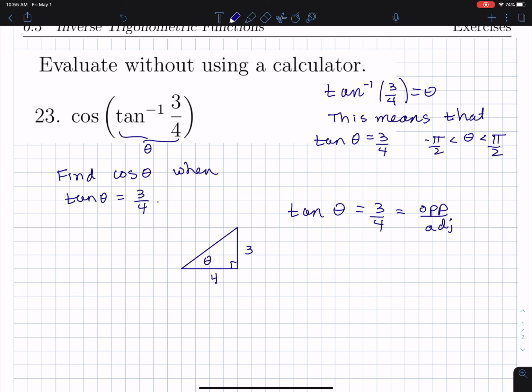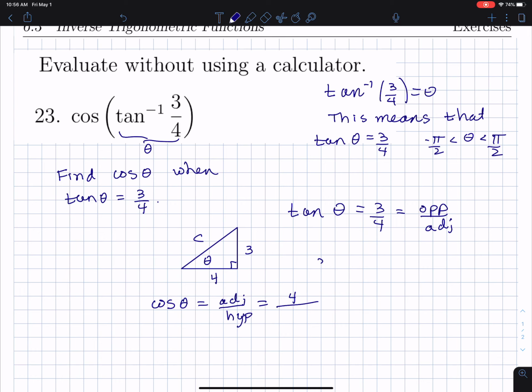Now, what is cosine theta? Cosine theta is equal to adjacent over hypotenuse. So I'm sort of on the way there. I have 4 for the adjacent, but what's the hypotenuse?